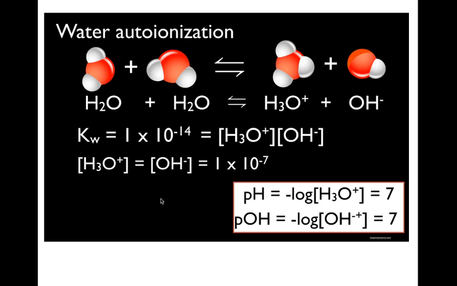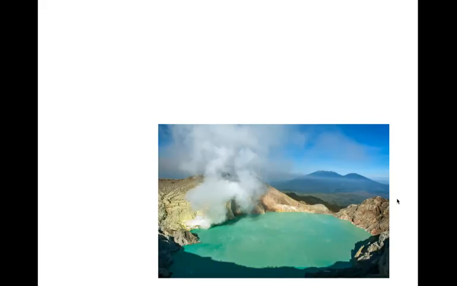Like most things, you'd expect to start off with 0 or something similar, but it's interesting that neutral is 7, and it is 7 because of water. When you have distilled water, you have basically 1 times 10 to the negative 7 molarity of the hydronium, and that's also the hydroxide concentration. So when you plug that into the pH equation, negative log of that will get us a pH of 7. That's why neutral pH is 7.